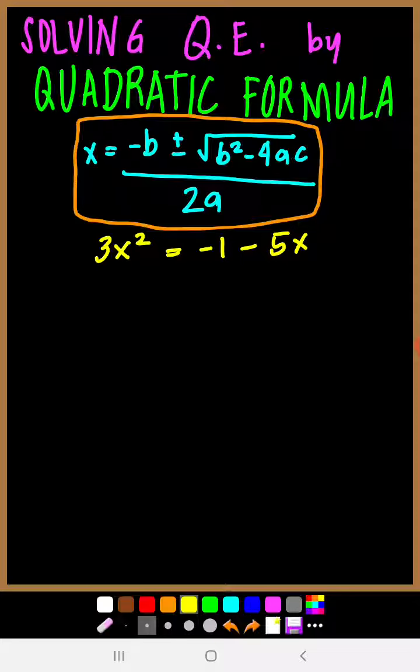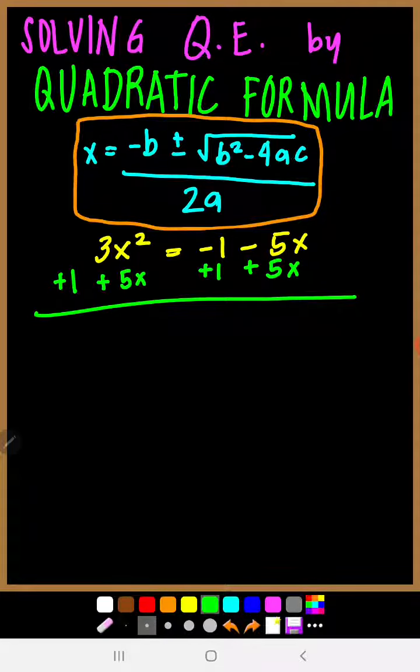In this case, we're going to put them all on the left side. The terms on the right side are negative 1 and negative 5x, so to move them to the left, we add 1 and we add 5x to both sides.